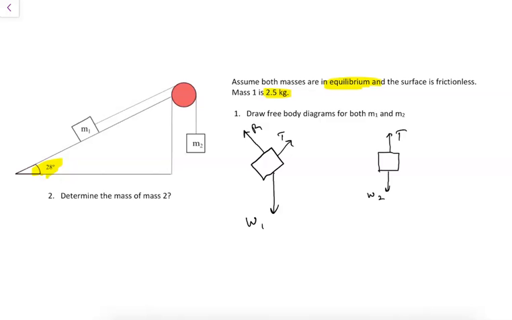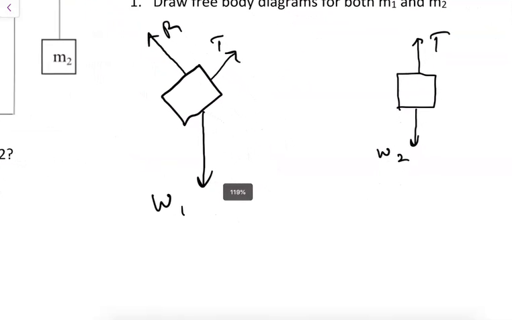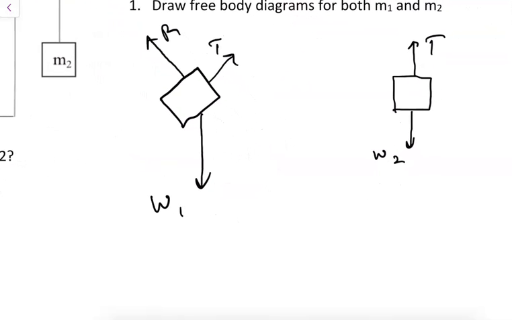Okay, so I've drawn my free body diagrams for weight 1 and weight 2, or mass 1 and mass 2. And some key pieces that I've done is I've drawn my normal force and my tension force for mass 1 at certain lengths because I know that both mass 1 and mass 2 are in equilibrium. So I know that the normal force should be equal to the perpendicular component of mass 1's weight.